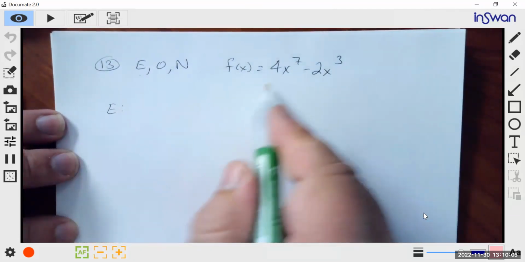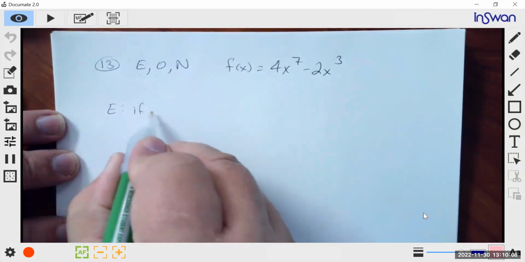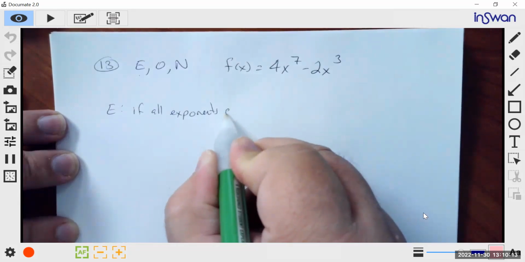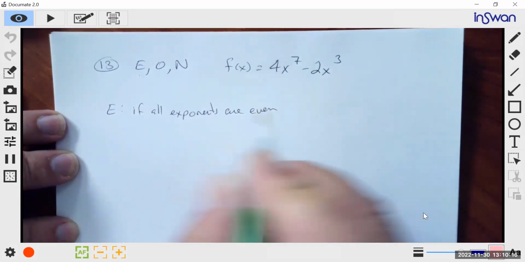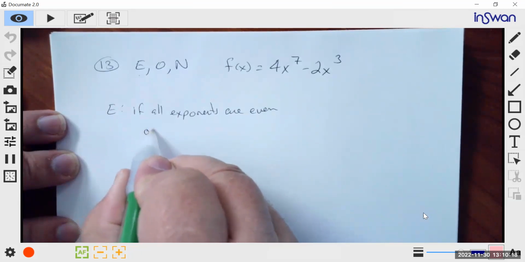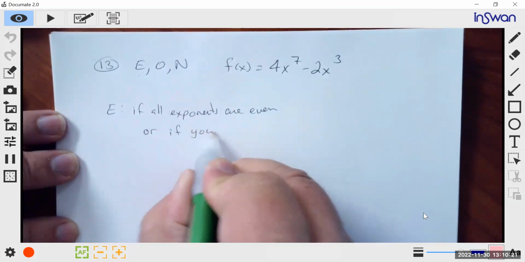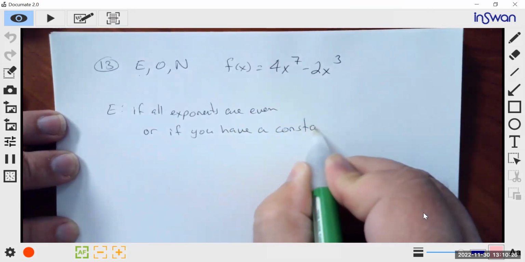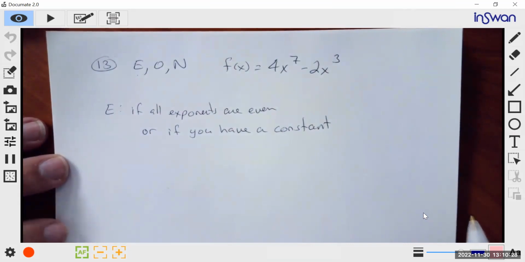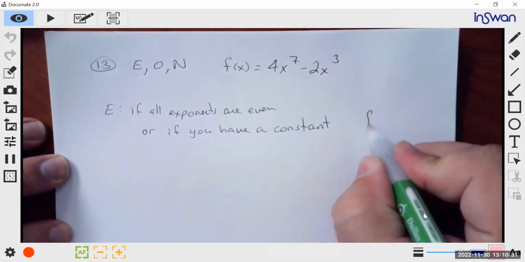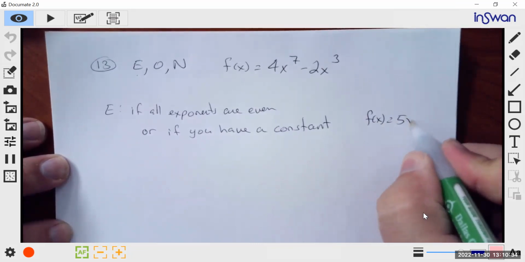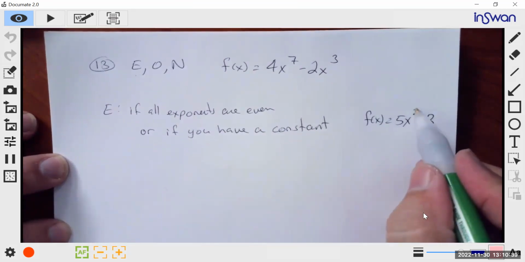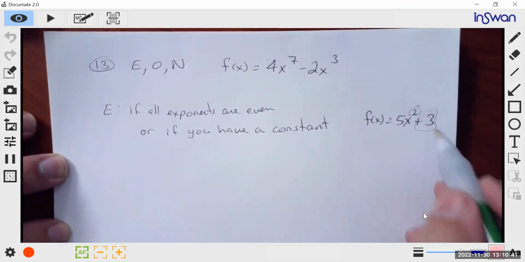Even equations: if all exponents are even, or if you have a constant. In other words, like f of x equals 5x squared plus 3. That's an even function because that's even and you have a constant.